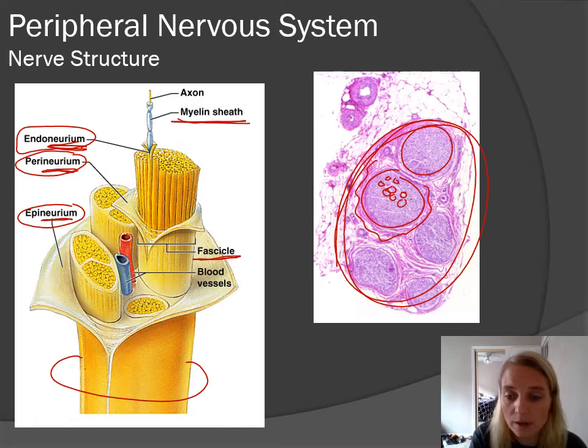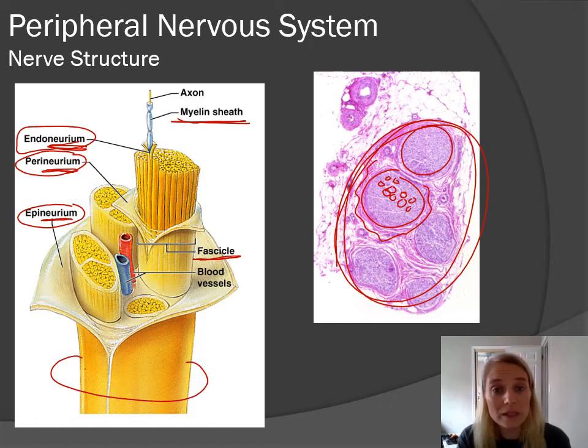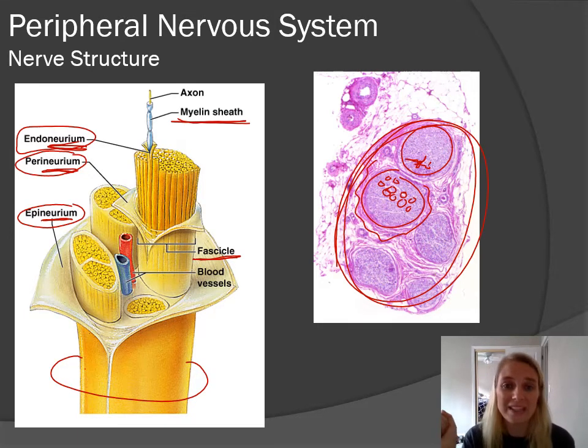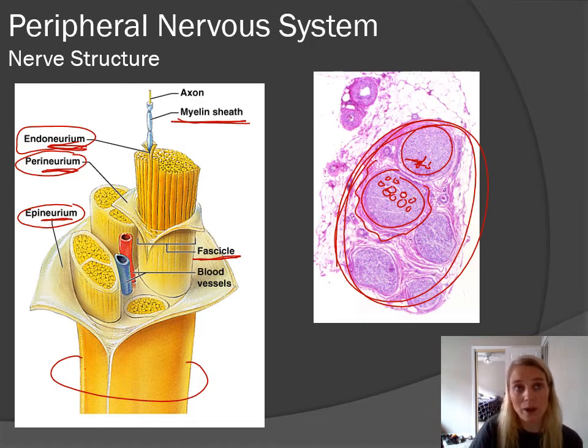It's hard to zoom in on a video like this, but those would be the individual axons, and you would see some connective tissue in between each one of those, and that would be the endoneurium. Okay, so this is peripheral nerve structure. This is the way all of your nerves are formed, like spinal nerves out from your spinal cord.